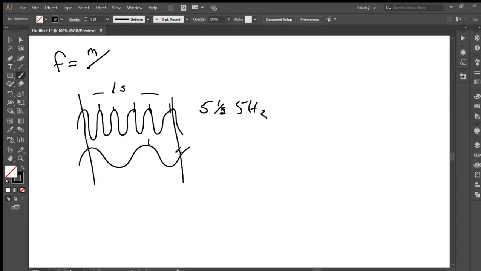This one's got 1 and about a half, so this one has 1.5 per second, or 1.5 hertz. So because of the wavelength, they will bend slightly differently, and that will change the colors for you.